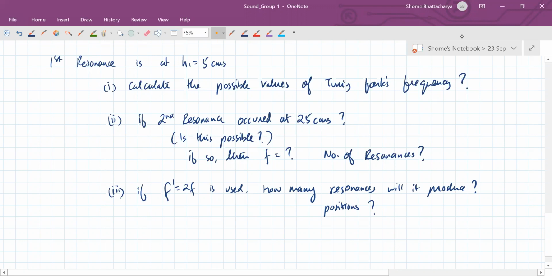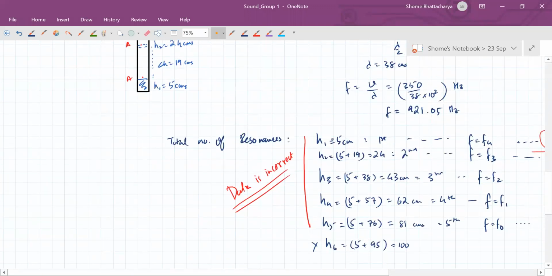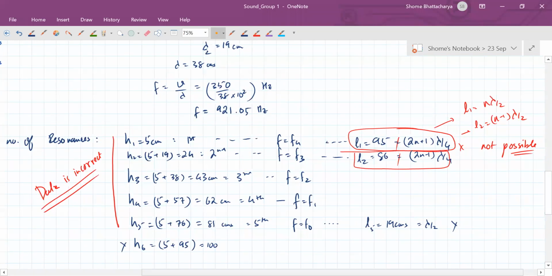Okay, so I hope you understood why the data of the first part was faulty, no? Because suppose the first resonance was occurring at 5 centimeters and the second was occurring at 24. Okay, that means the relationship was this, this 95 and 86 are supposed to be odd multiples of lambda by 4, but you will see that's not possible, because 95 is equal to 5 into 19 and 86 is equal to 4 into 19.